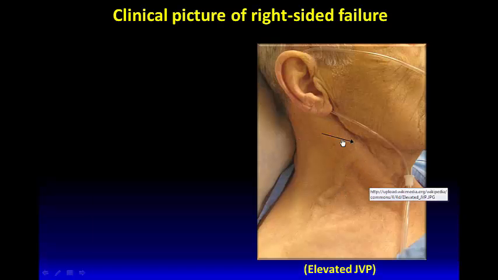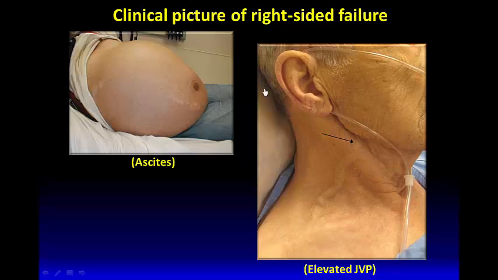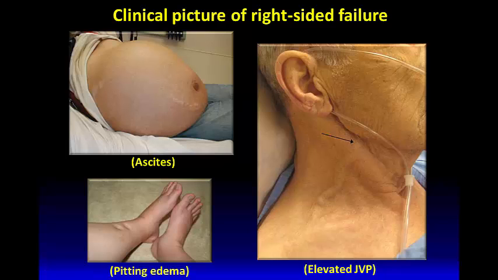We can see the jugular venous pressure up to the angle of the mandible in this patient. This is a picture of ascites, which means retention of fluid in the abdominal cavity, and here we have pitting edema, which is a very important symptom and sign of right-sided failure.